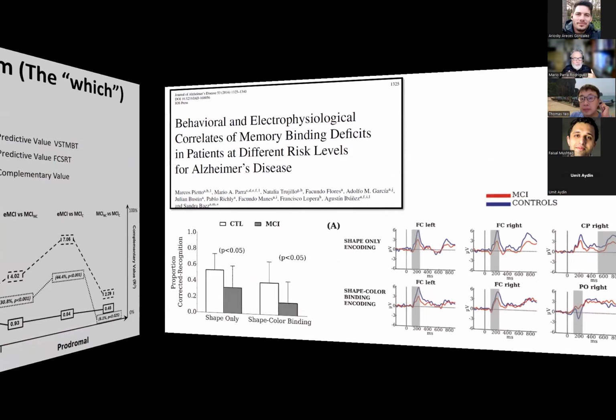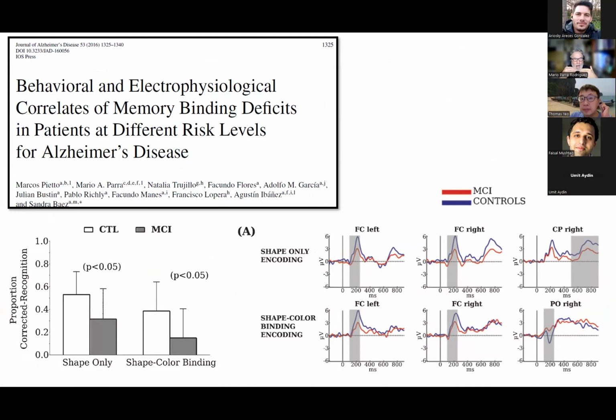Now, when people move from normal aging to mild cognitive impairment, this compensation starts failing behaviorally.